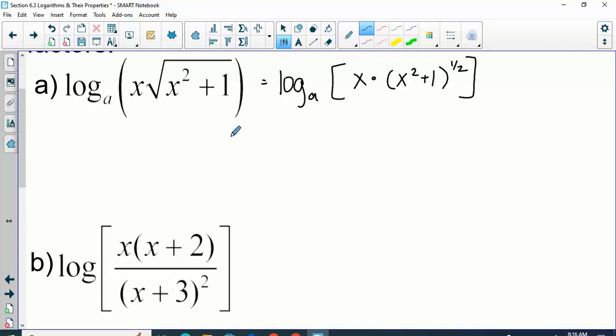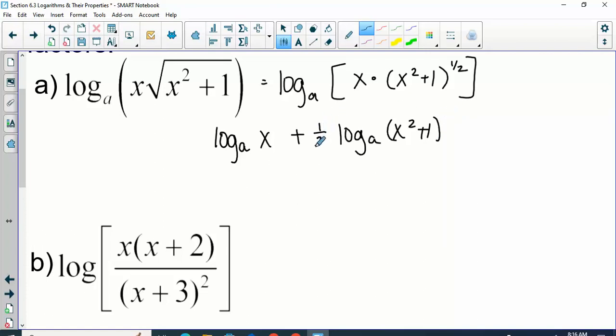Alright, so these are multiplied. That means I'm going to give each of them their own log and add those together. So I would have log base a of x plus log base a of x squared plus 1 to the 1/2. So where does that 1/2 go?